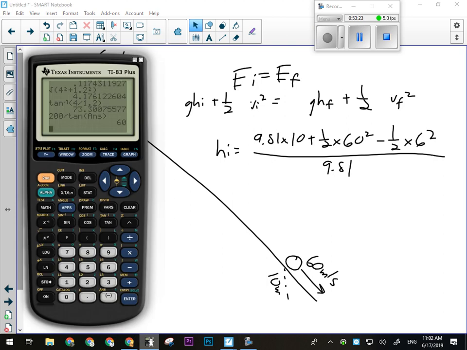It's going to be very, very high. So yeah, 192 meters. Pretty good size hill.